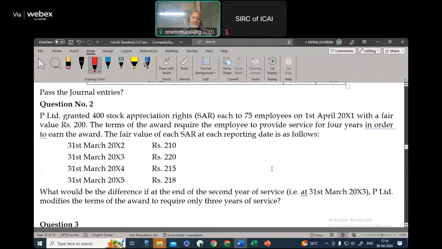In stock appreciation rights, there is no question of provision; it becomes a liability where you can determine the liability. It is not a provision. If that be the case, how the amount has got to be worked out, now let us just see.